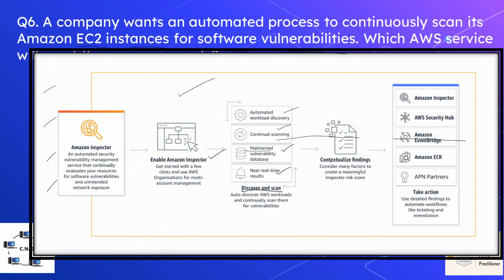And then it helps you contextualize your findings. It considers many factors to create a meaningful Inspector risk score. And finally, you can use the results across Amazon Security Hub, EventBridge, ECR, and Amazon partners, and take action, using detailed findings to automate workflows like ticketing and remediation.